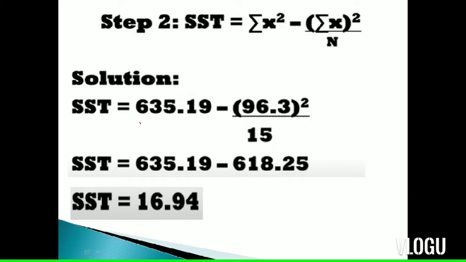So muna ito ang nakuha sa the summation of X squared, 635.19, minus the square of the summation of X, which is 96.3, over N. Ang atong N is the total number of sample. SST. So compute lang nato mo na ang result sa atong SST.